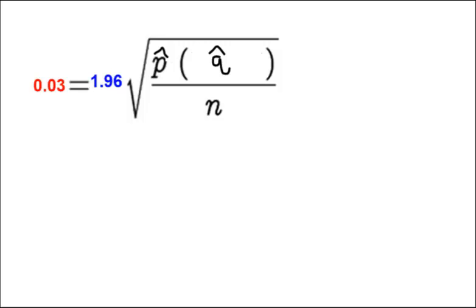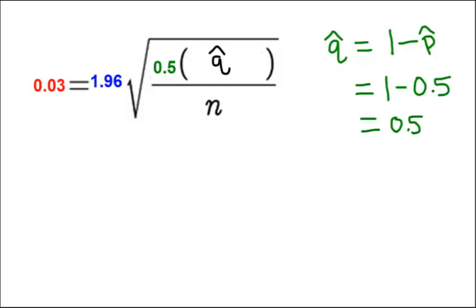So for our sample proportion, we plug in 0.5. And remember our q hat is just 1 minus the sample proportion, so 1 minus 0.5, and our q hat is also 0.5.